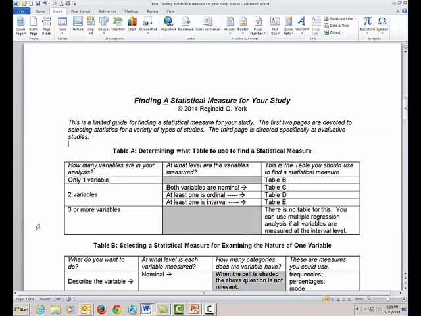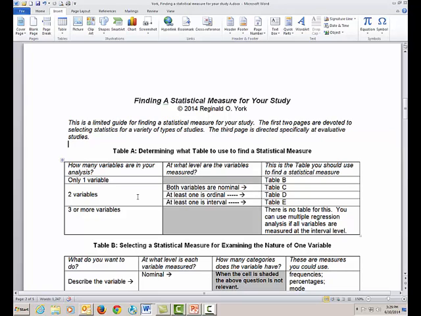You can use multiple regression analysis if all variables are measured at the interval level. And of course, there are other situations with three or more variables that are simply beyond the scope of this particular guide. Now, looking there at the two variable option, if both variables are nominal, that is measured at the nominal level, you would use Table C.